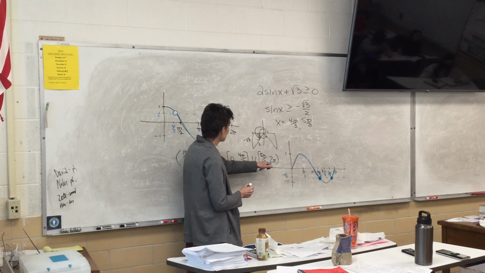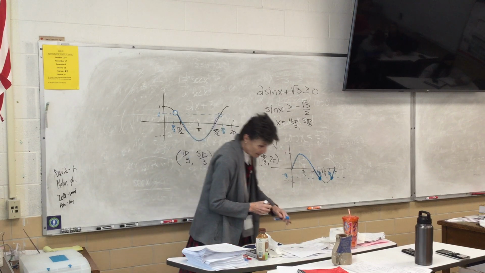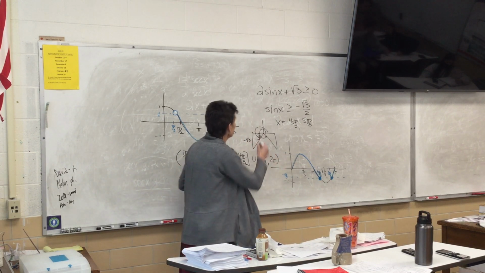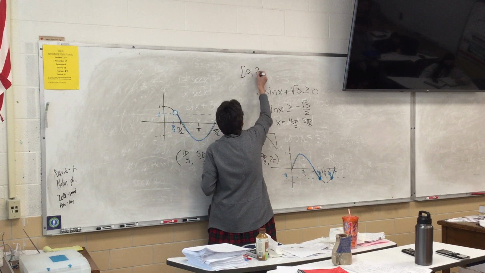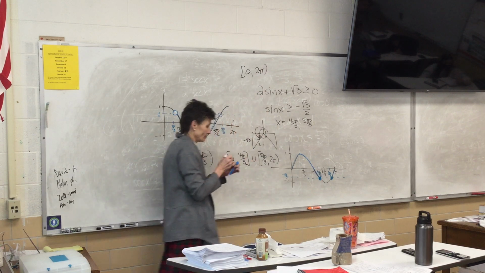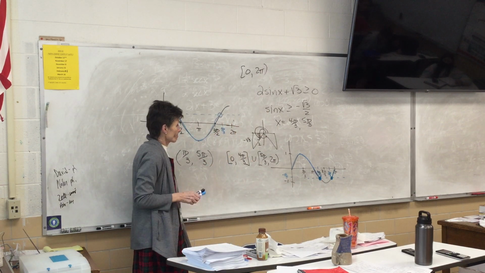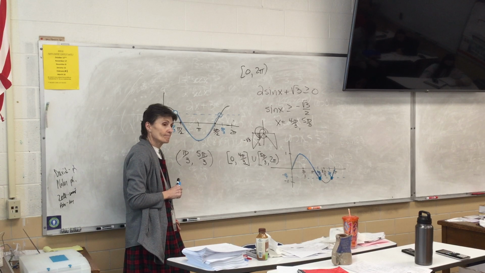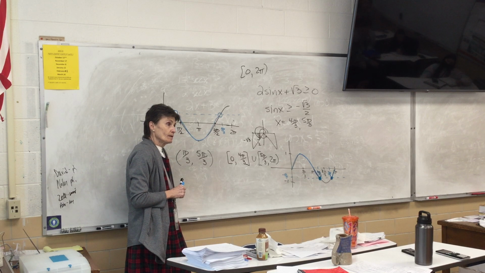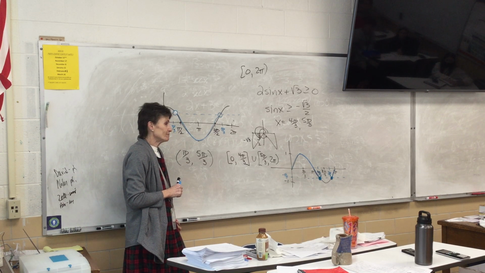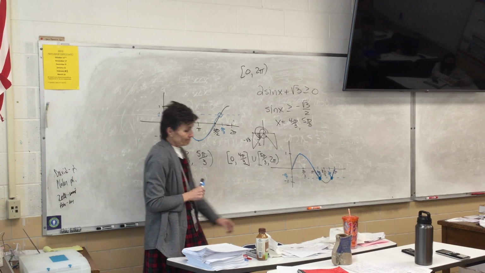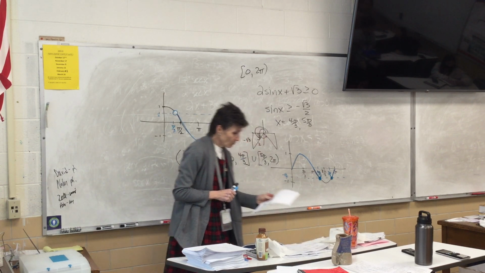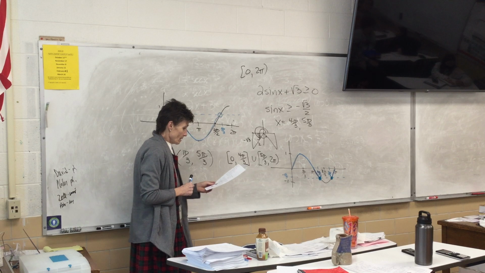And I'm using a parenthesis at 2 pi because my directions were parentheses at 2 pi. Okay? So a little new, but you got it. You got it under control. All right.